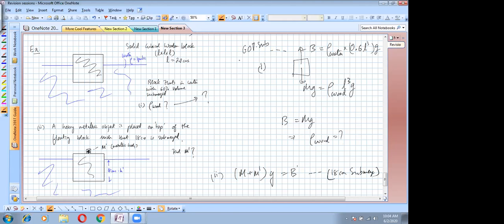That is 12 centimeters submerged. 60% of 20 centimeters would be 12 centimeters submerged. So that extra 6 centimeters getting submerged because of the extra mass m prime that you're adding on top. So solve these equations and you will get each of the things.